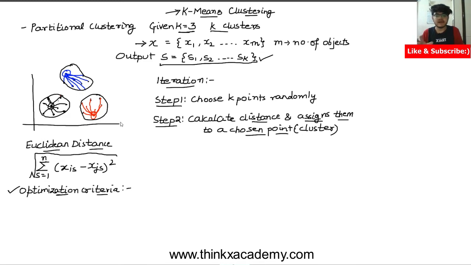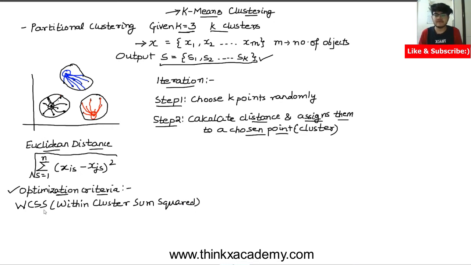So there should be some criteria where the k-means clustering algorithm should stop, and basically the optimization criteria that we are going to use is known as WCSS, which is within cluster sum squared distance, right?